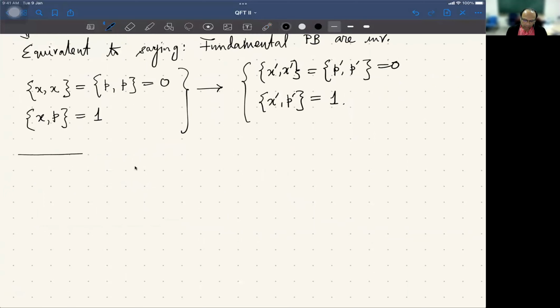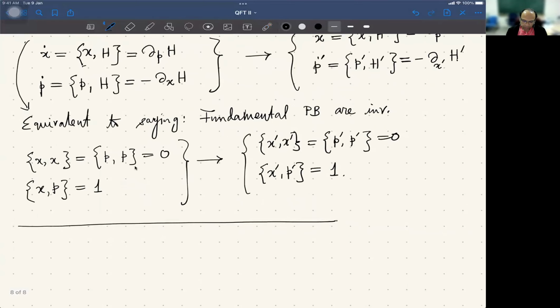Now, Hamilton's equations of motion, these are the equations of motion.